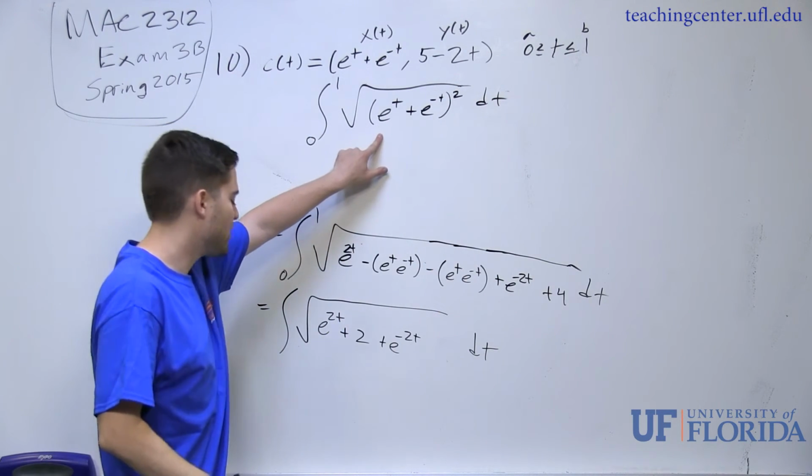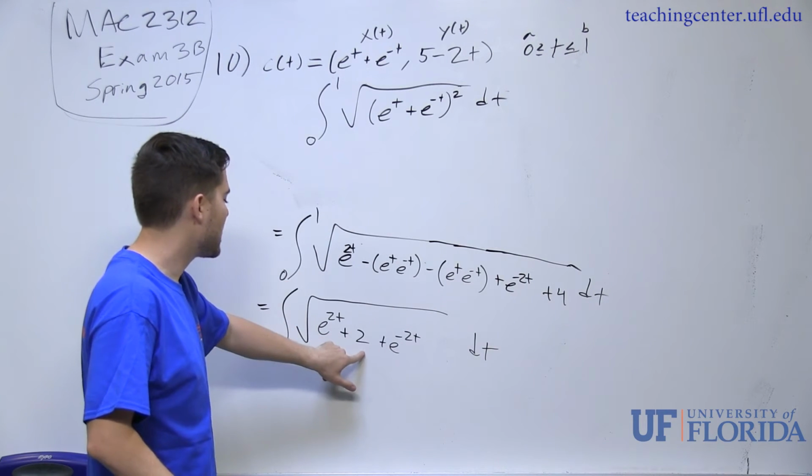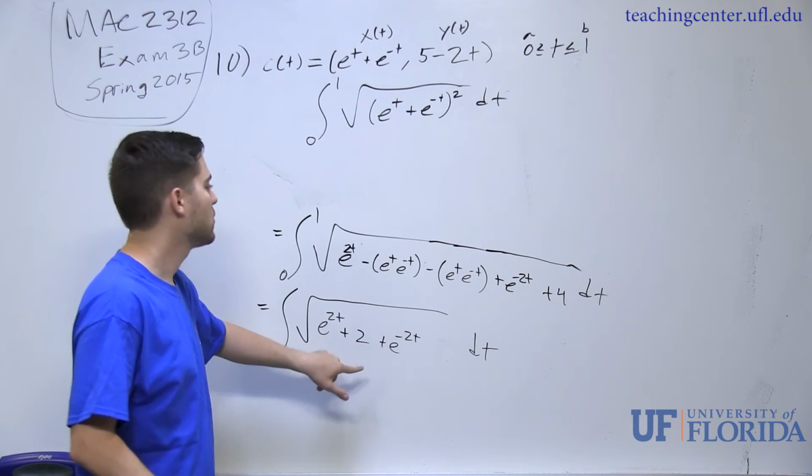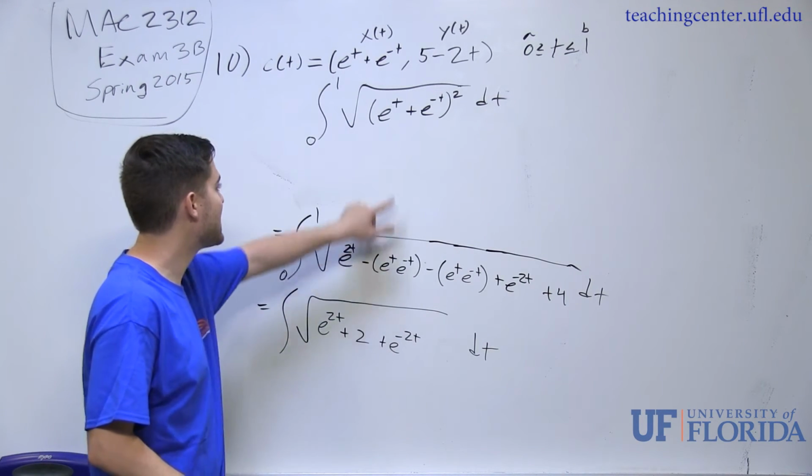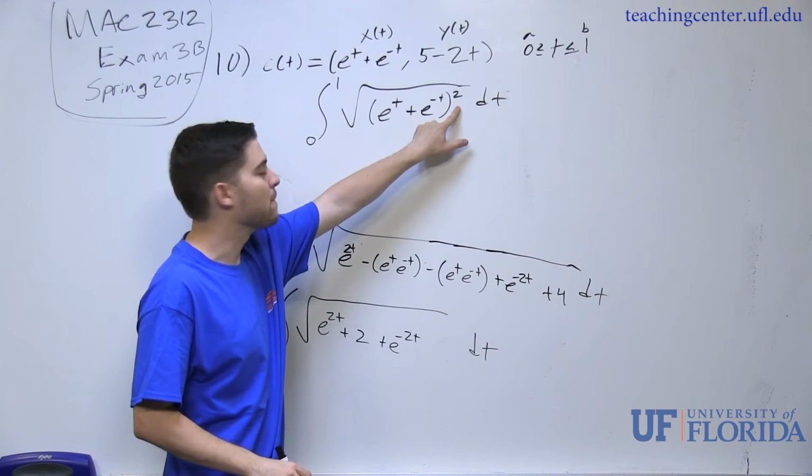And if I refactor that back out, I should get right back here, which I do. So this term is actually a perfect square. You have to condense that down and reduce it into that form.